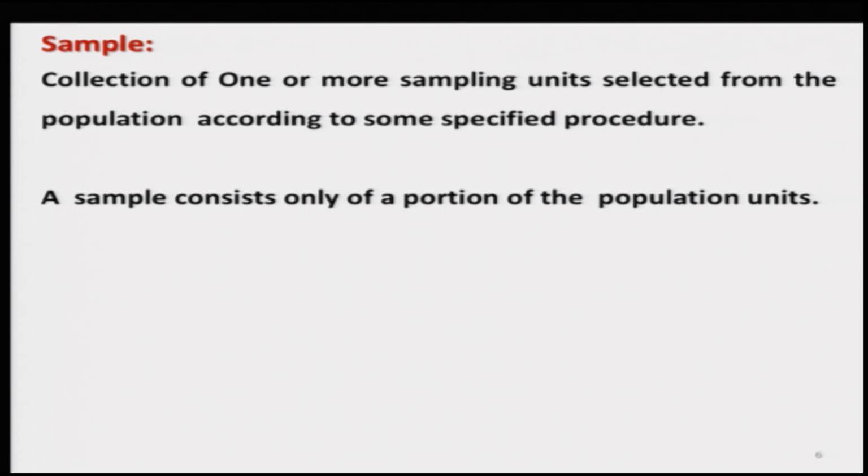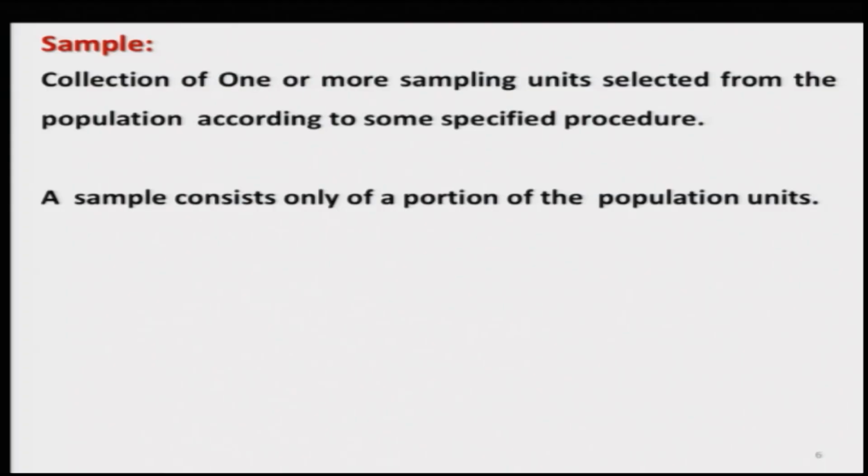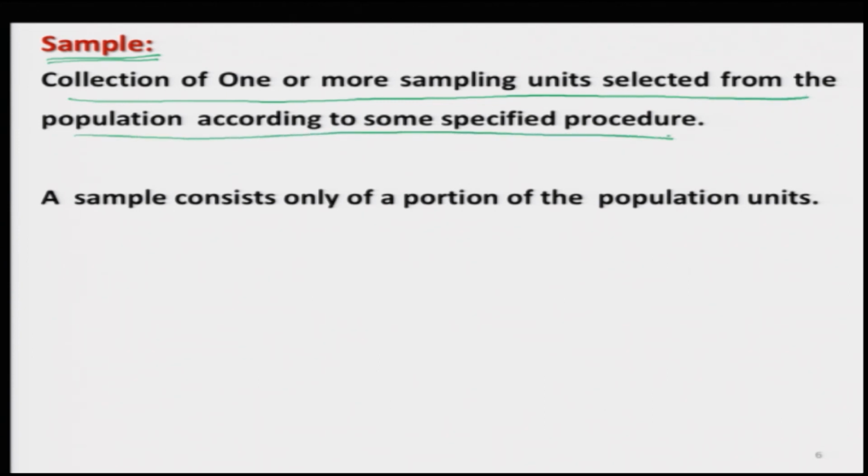Now, the next aspect is this: when we are studying sample surveys or sampling theory, we are interested in a small fraction of the population, and that is called a sample. We will work on the basis of a sample. The collection of one or more sampling units which are selected from the population according to some pre-specified procedure is called a sample.